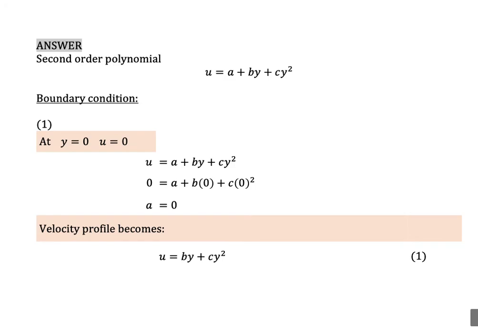Because it is a second order polynomial, it has a power of 2. So we write the general equation u equals a plus by plus cy squared. Because we have 3 unknown parameters here, we need to prepare 3 boundary conditions to create 3 equations, then we can determine the 3 unknown parameters.